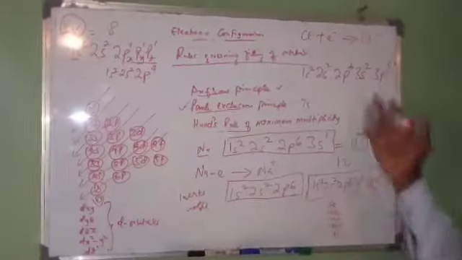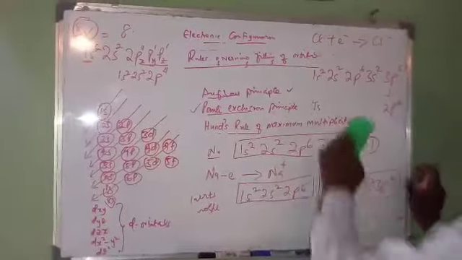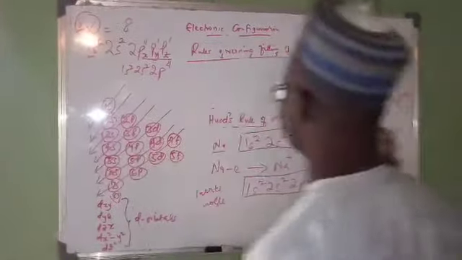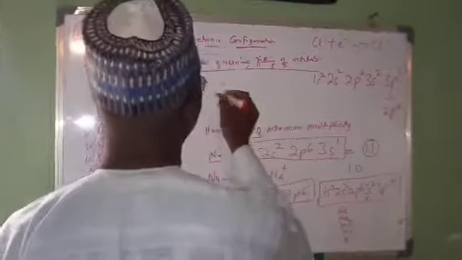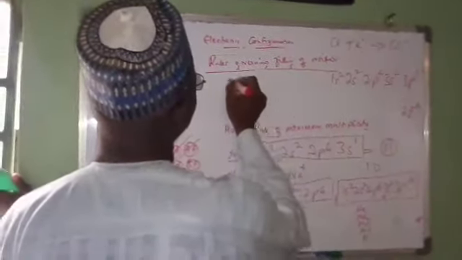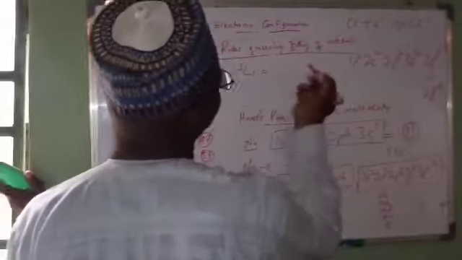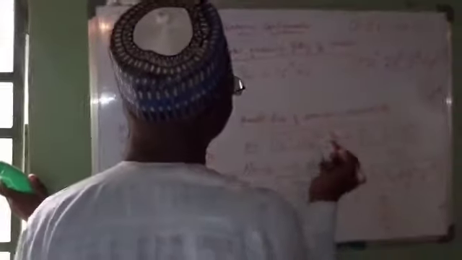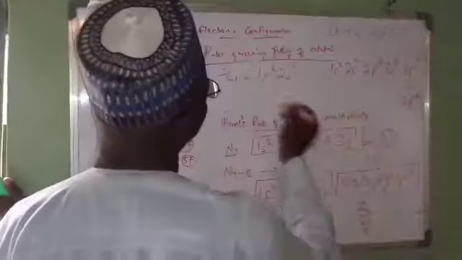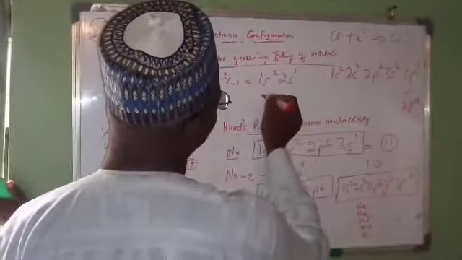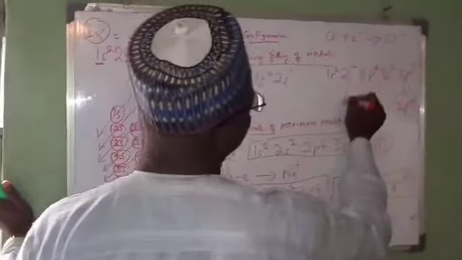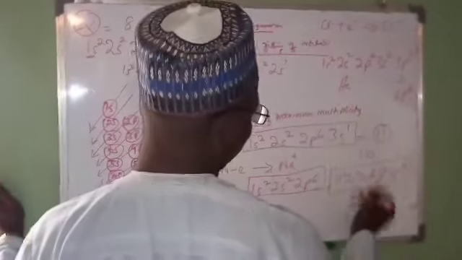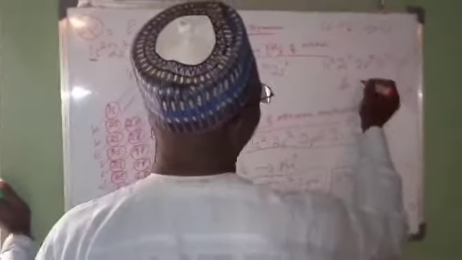Let us start from lithium. The atomic number of lithium is 3. If you have to write the electronic configuration, 1s2, 2s1. The electronic configuration of helium is 1s2, because it has just 2 electrons at the outermost shell.